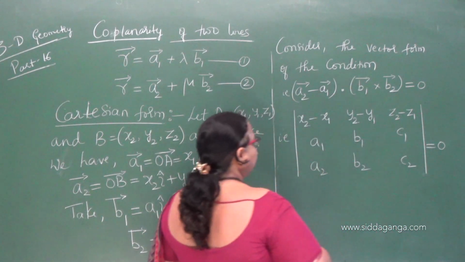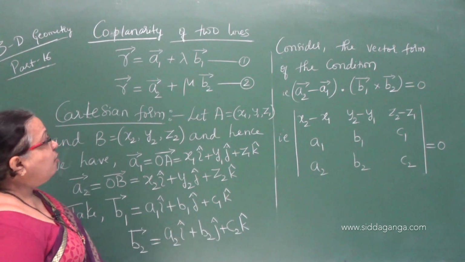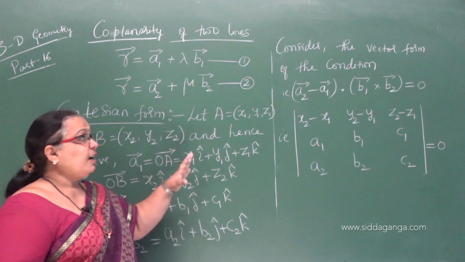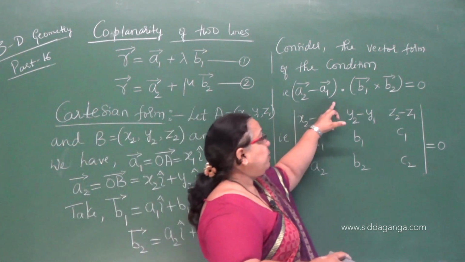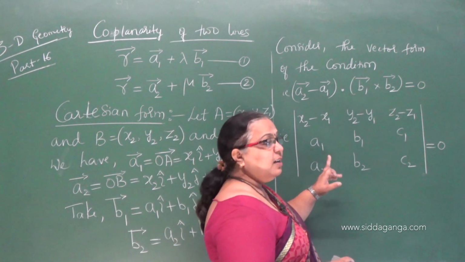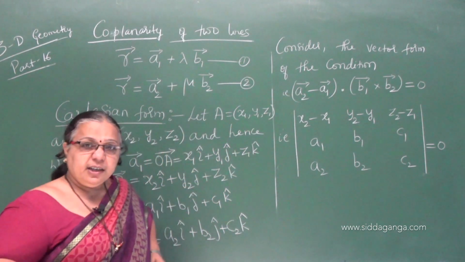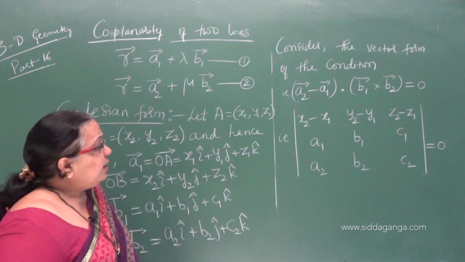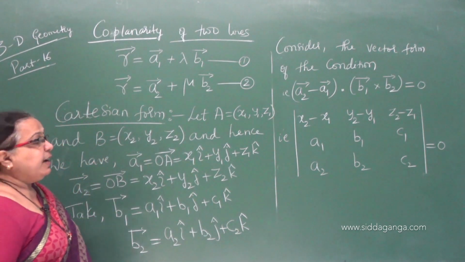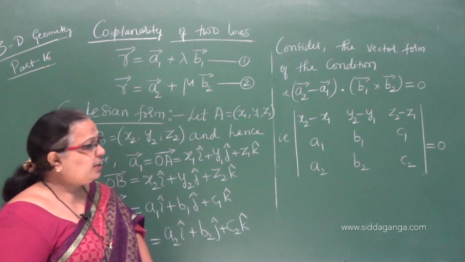So now this is the Cartesian form of the condition for the two lines to be coplanar. This is the condition in vector form, and this is the condition in Cartesian form. Whenever we do the derivation, the vector form is derived. We write all those vectors in components and substitute into the vector form, then it reduces to the Cartesian form.